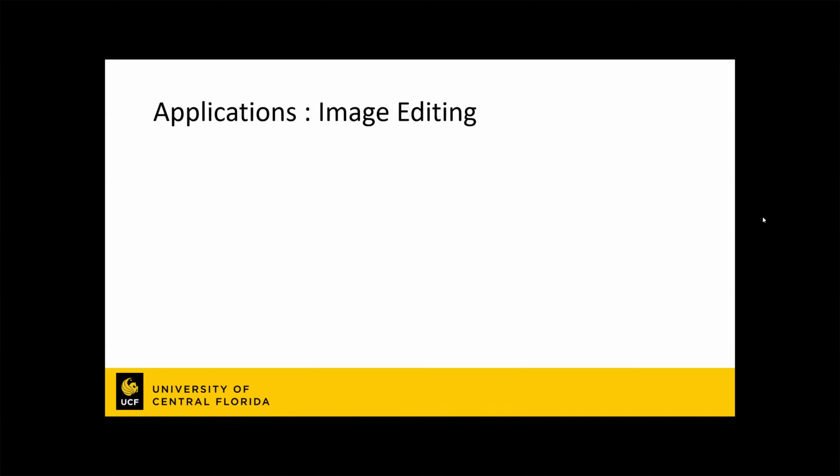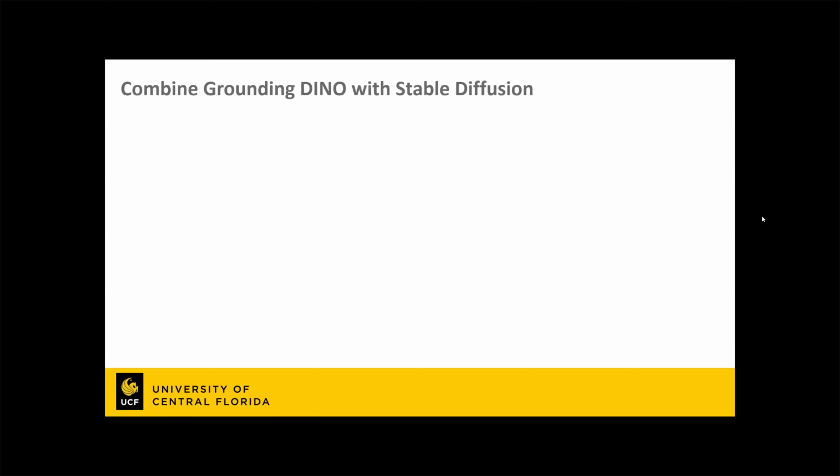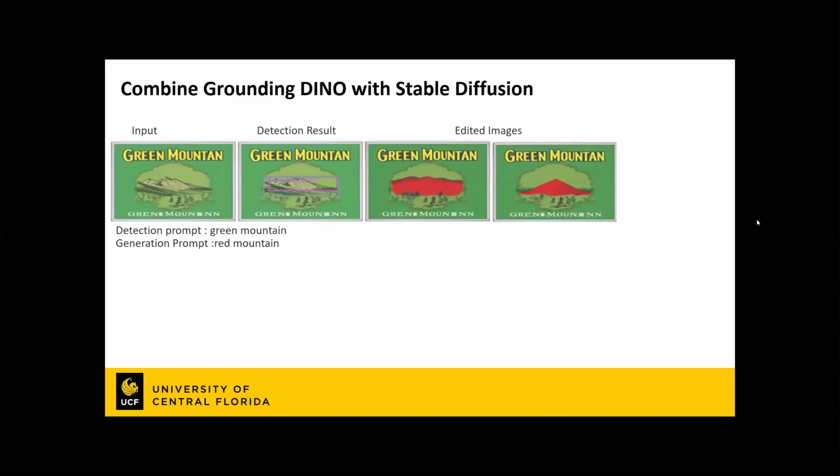So the main application that we're going to be discussing that is discussed in the paper for grounding DINO is marrying grounding DINO with stable diffusion as well as GLIGEN. It lets you input two different things, a detection prompt and a generation prompt.